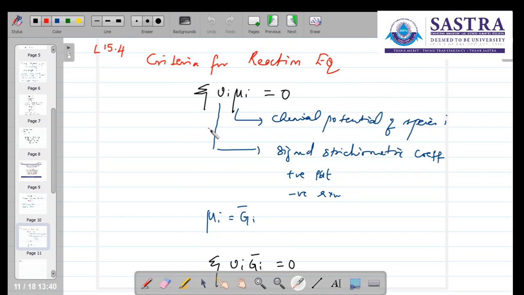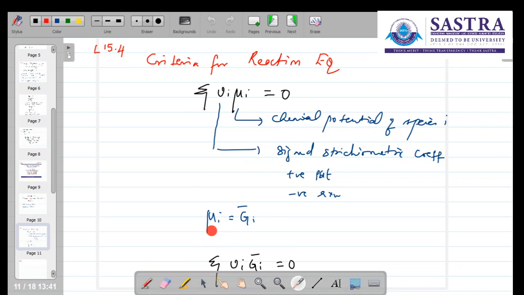A quick recap of what we have seen in the previous lecture is the criteria for reaction equilibrium. The criteria for reaction equilibrium is written as a summation of a weighted quantity of chemical potential. The weightage is in terms of the stoichiometric coefficient nu i, which is positive for the product species and negative for the reactant species, and mu i is the chemical potential of the species in the system.